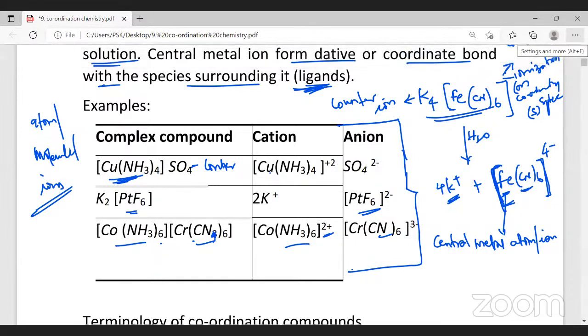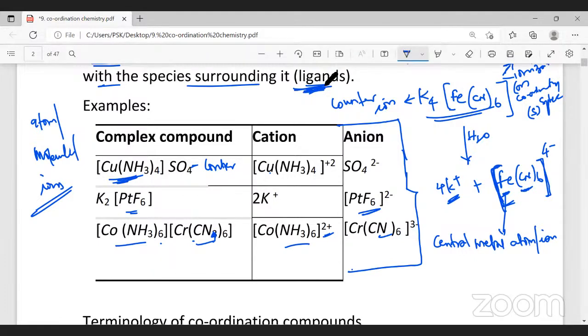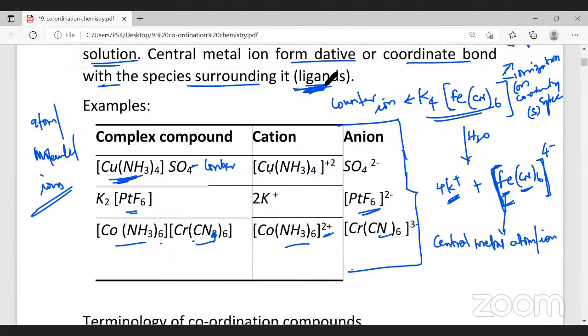Basically, it's an inorganic salt formed due to an addition reaction, and it contains a central metal atom or ion, which is surrounded by a definite number of atoms, molecules, or ions, and they are called ligands.